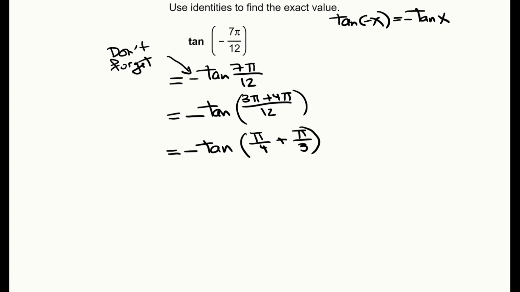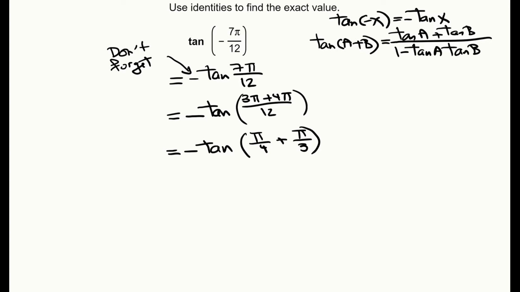So now we can go ahead and use the tangent of a sum formula. We know that that equals tangent A plus tangent B over 1 minus tangent A times tangent B.